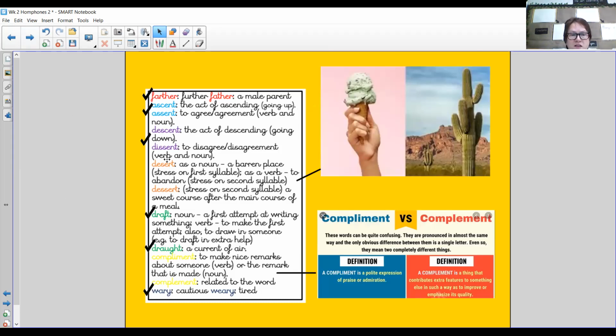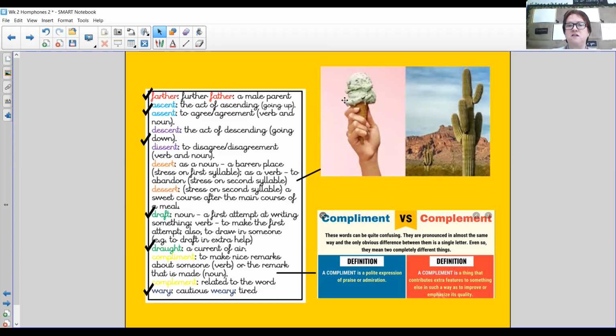Oh, so we've got these two here. Very common mistakes made. Desert, dessert. So they do sound different. There's an extra S, stress on the second syllable, dessert, which of course is your sweet treat after your main course that you might have eaten.